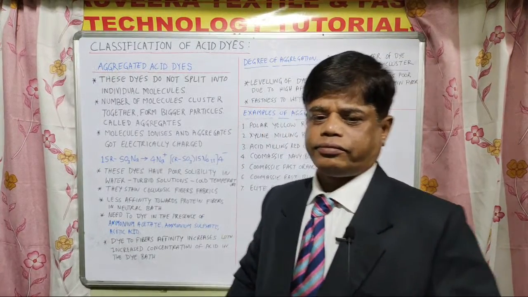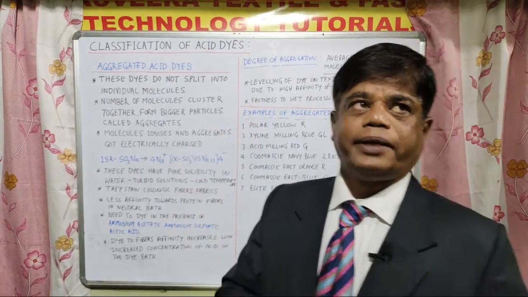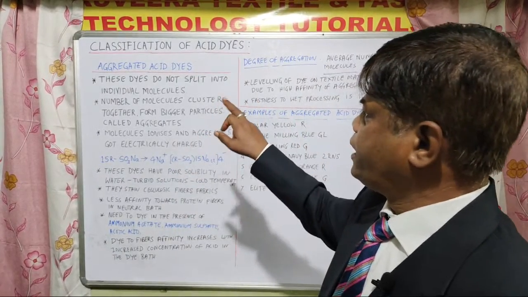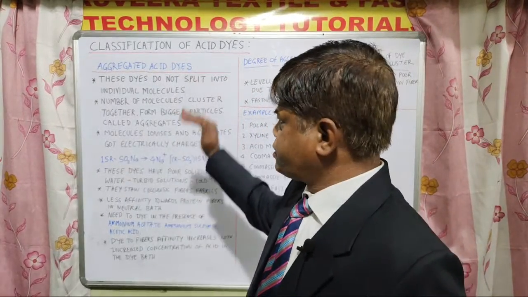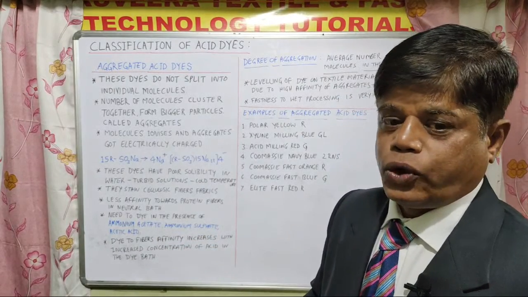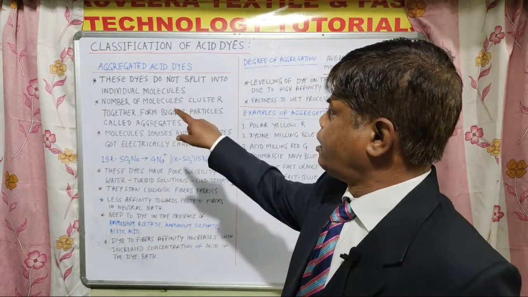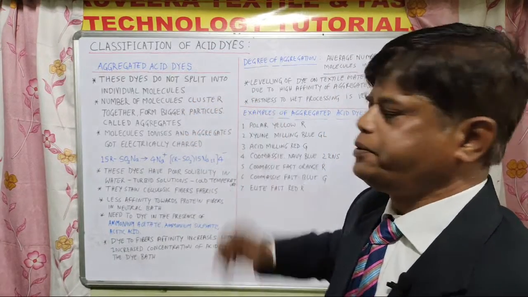Friends, now I don't want to waste your time. See, aggregated acid dyes. I'll start point by point. I don't want to go long or increase the duration of the video. These dyes do not split into individual molecules.